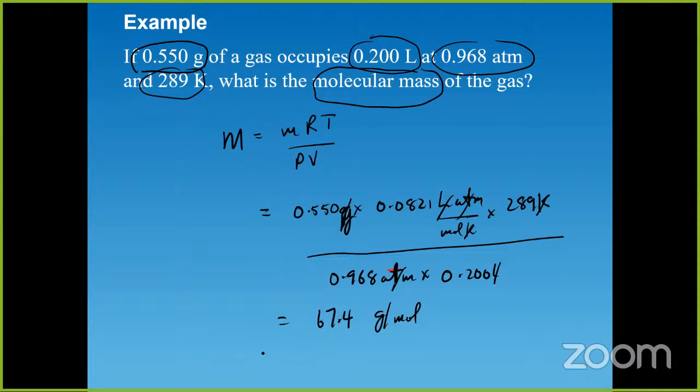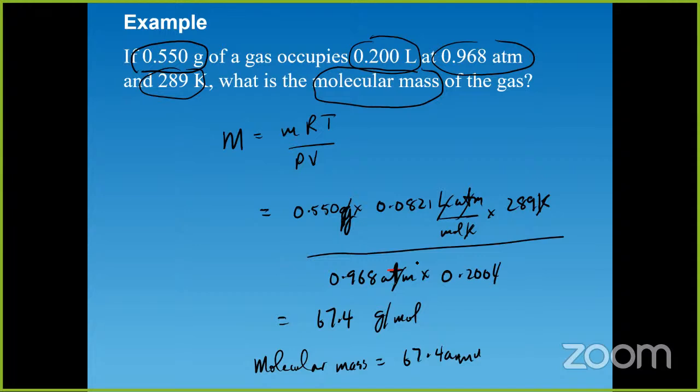So the final answer is that the molecular mass is 67.4 AMU, because the question, remember, is asking for the molecular mass. Okay, any questions about this particular example?